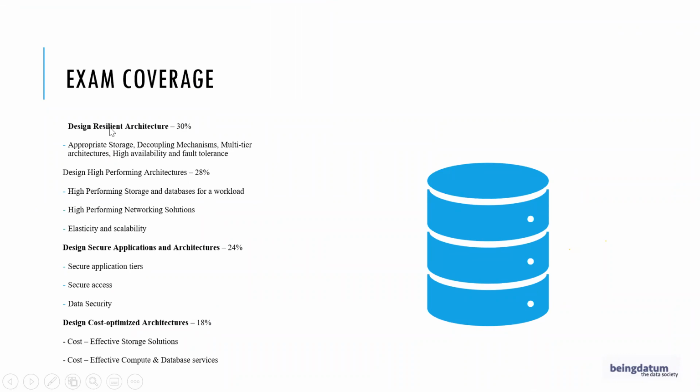Firstly, we talk about designing resilient architecture, which covers the most part of the exam, around 30%, where you talk about the different storage mechanisms, how you can set up different storage, and other storage related services. Then we talk about the decoupling mechanism. Decoupling is nothing but breaking the monolithic applications into different small applications.